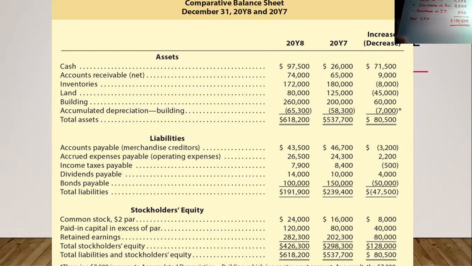How much was it? 100,500. My calculator also has it. So net operating cash flow is 100,500.